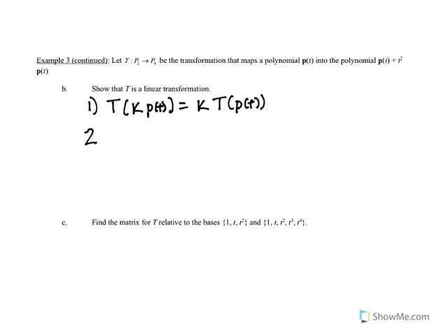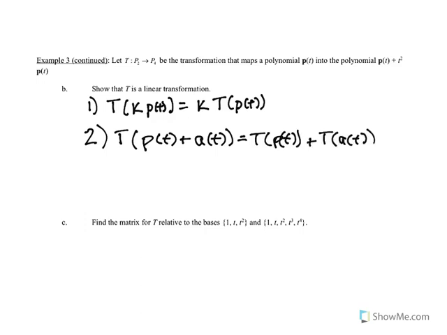And two, you need to show that if you transform two vectors being added together, that's the same thing as adding their transformations together. If both of those things are true, then T is linear. And to give you a heads up, T is linear in this case.